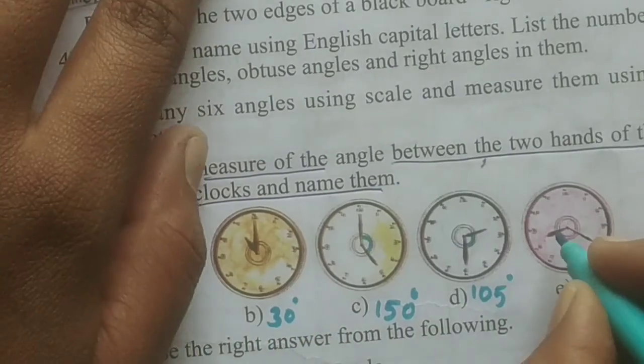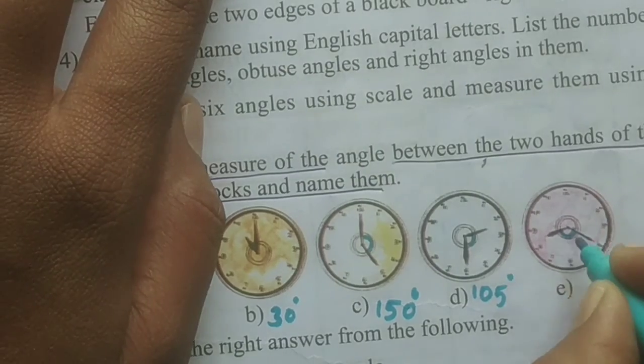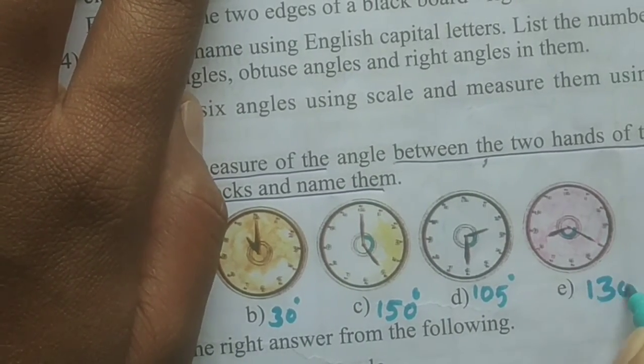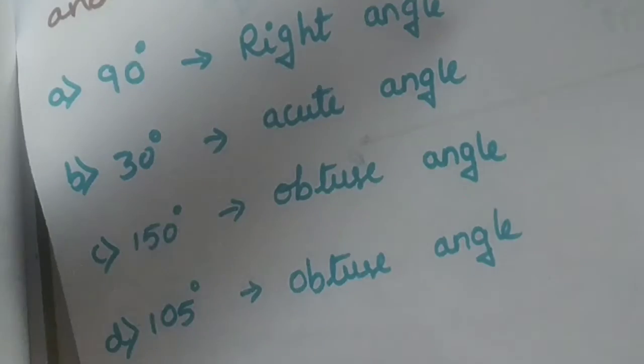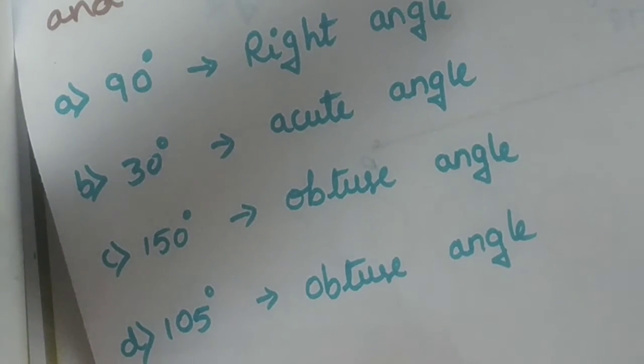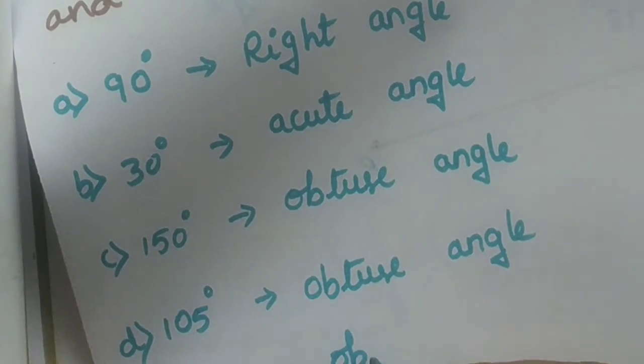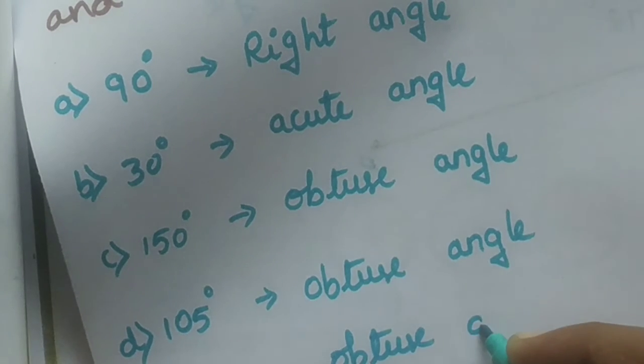So the angle is 130 degree. The angle is 130 degree. The figure E is also an obtuse angle. Obtuse angle.